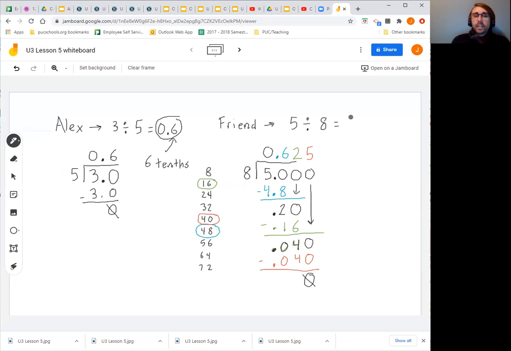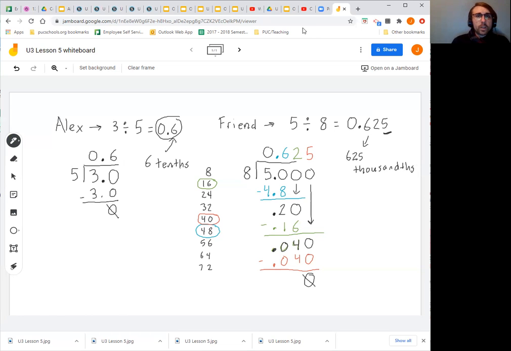Our answer is that the friend can complete 0.625 lawns per hour. So you could also read this as 625 thousandths, because it's up to the thousandths place. And we're going to talk a little bit more in class about what that might mean for comparing these two.